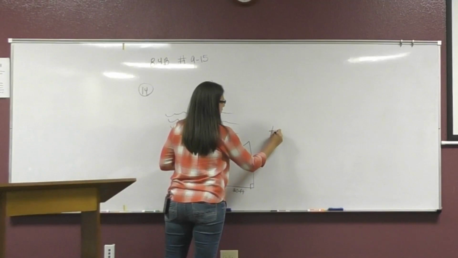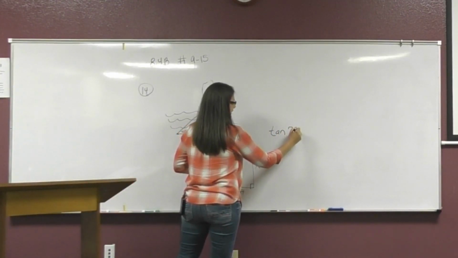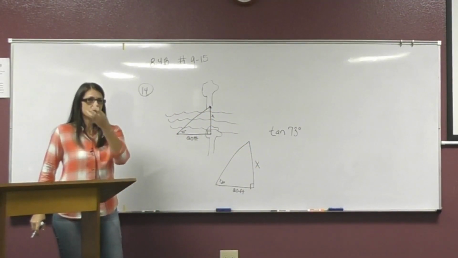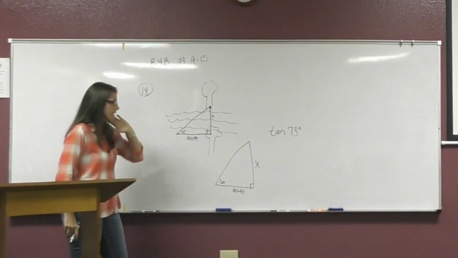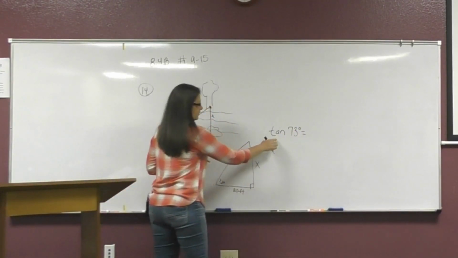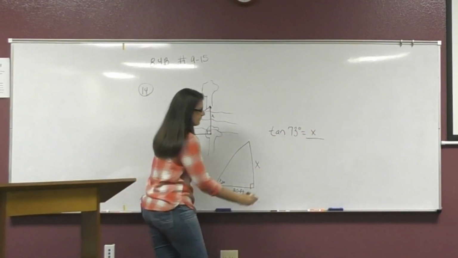So the tangent of my angle, which I know is 73 degrees, so I don't have a theta. I actually have that number. Theta just represents that angle measurement if we don't know it. So the tangent of 73, tangent equals opposite over adjacent.